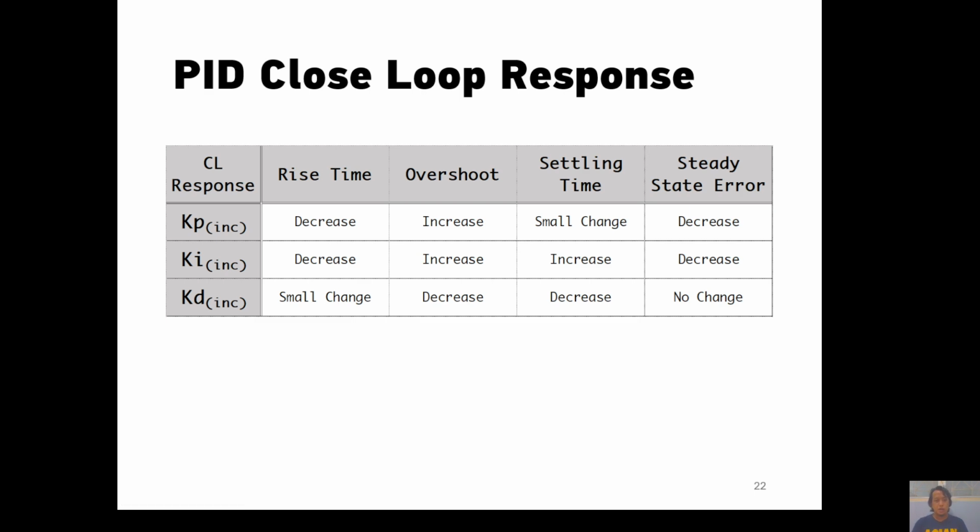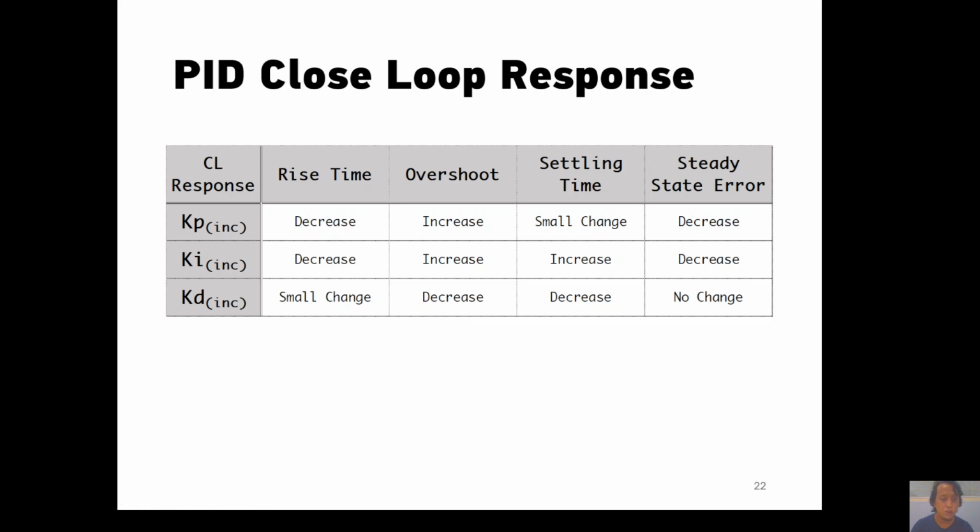And then, according to the PID closed loop response, we have the gains from the proportional, integral, and derivative terms. These are the constants: proportional gain, integral gain, and derivative gain. We can classify and tune Kp, Ki, and Kd based on this table.